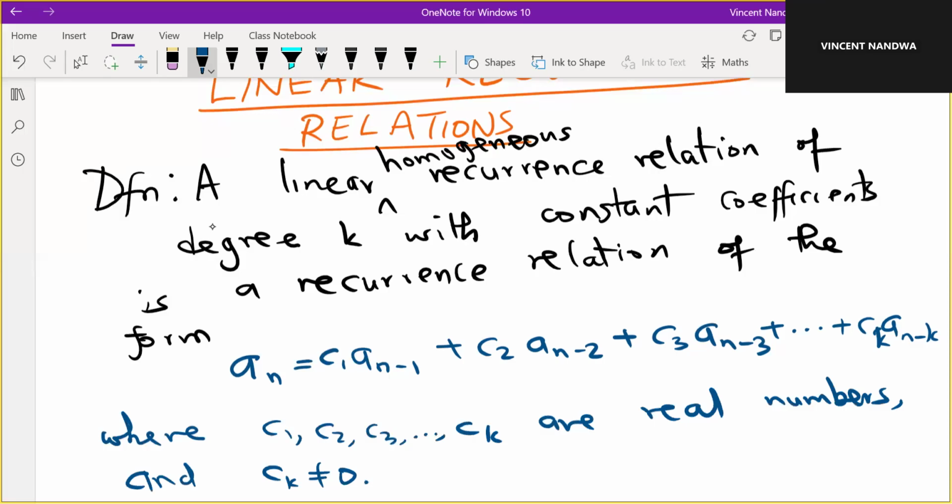So this is how we define a linear homogeneous recurrence relation of degree k with constant coefficients. It is an equation, or a relation, of this form.